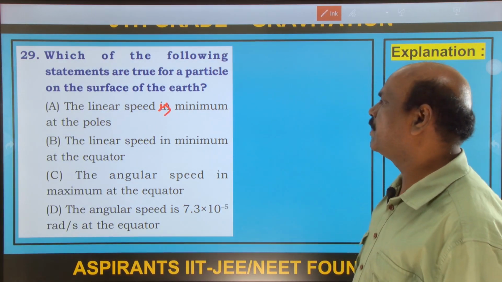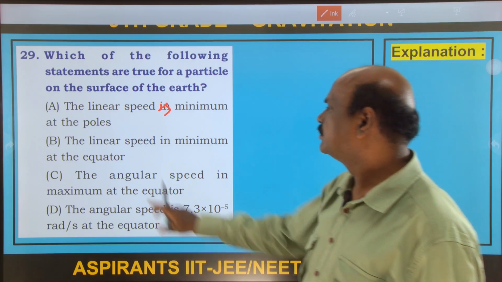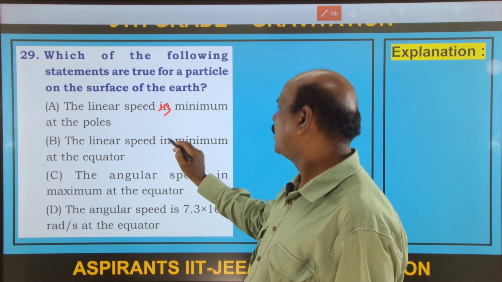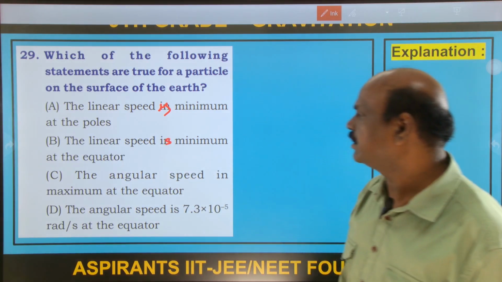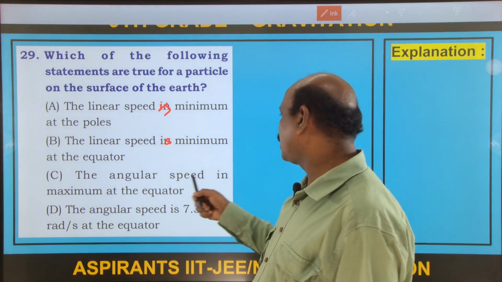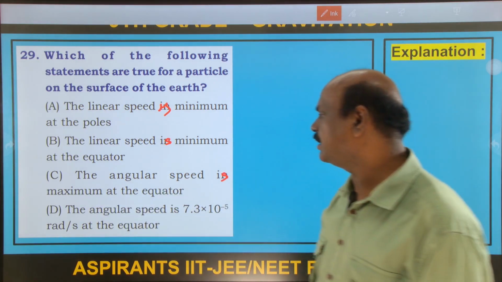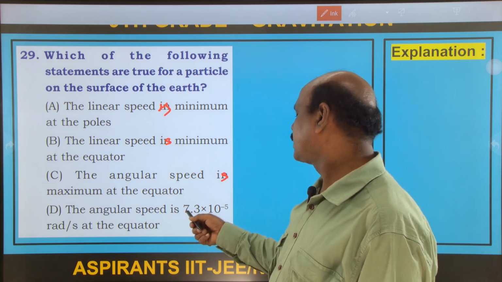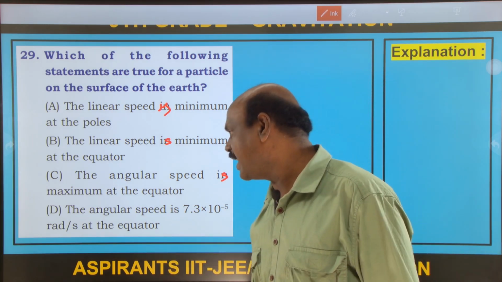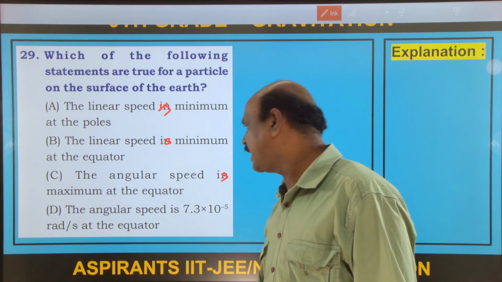So the linear speed is minimum at the poles, and it is asking the linear speed is maximum at the equator. The angular speed is maximum at the equator. The angular speed is 7.3 into 10 power minus 5 radians per second at the equator.